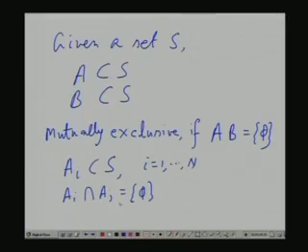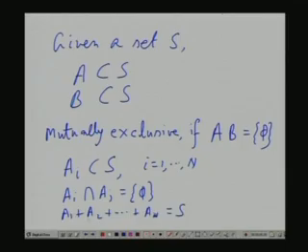Another property is that if you take the union of them, you get S. That is, A1 union A2 union up to AN is your S. Then this set of Ai's is called a partition. The entire set S has been partitioned into smaller subsets, so that no space has been left out. You just unite them by union, you get the entire set S back, and there is no intersection between them.